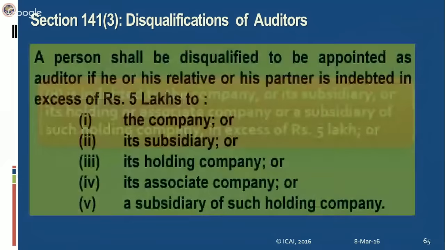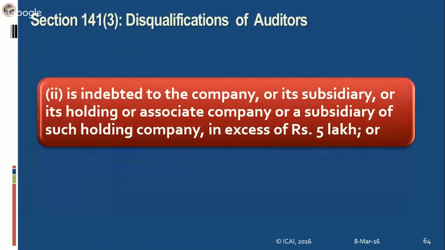Now 141(3)(d)(ii) is indebted: a person who or his relative or his partner. Now that will remain the same. It is indebted to the company, again for 5 points: the company, subsidiary, holding, associate, subsidiary of such holding, in excess of an amount, here 5 lakhs.